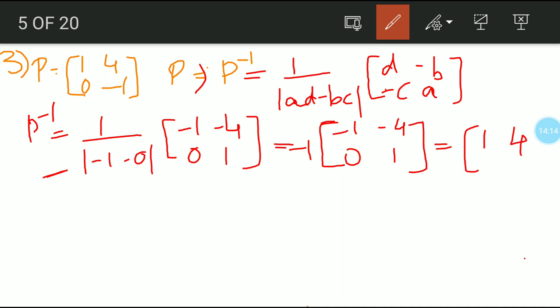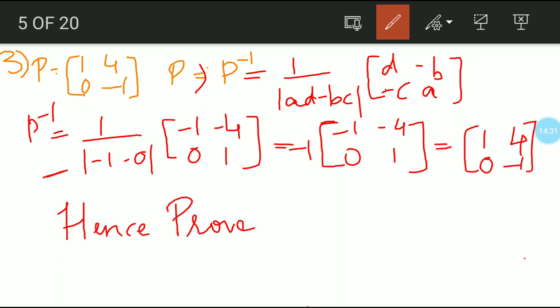For the 0, you can't multiply, not applicable, it stays 0. Then minus into minus 1 is minus 1. So hence it is proved that P is equal to P inverse. Okay, so this is the answer.